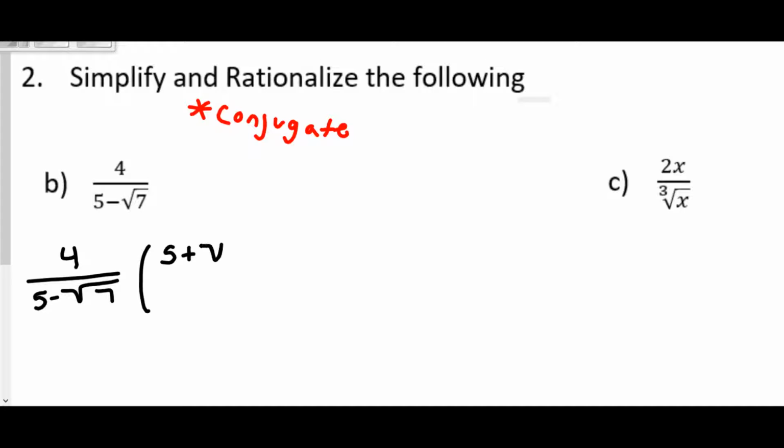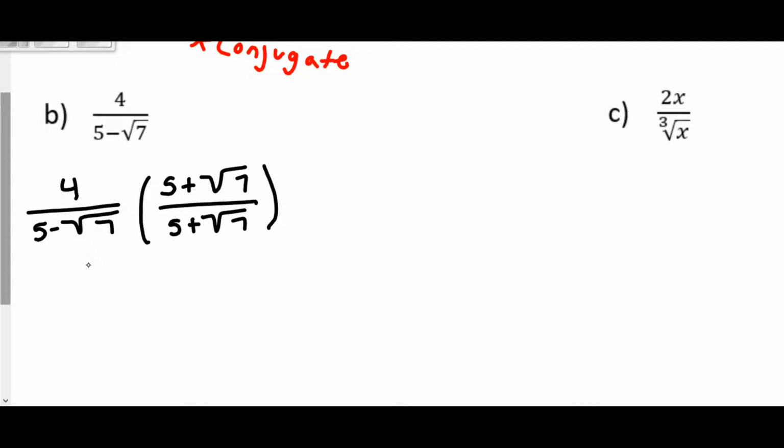And the reason why we're using the conjugate is because whenever we multiply by a conjugate, we usually get a pure real number. And when we rationalize, we're trying to get rid of the radical. So in order to get rid of the radical in this case, we have to use the conjugate to get a pure real number. So the top turns into 4 times 4 plus rad 7.